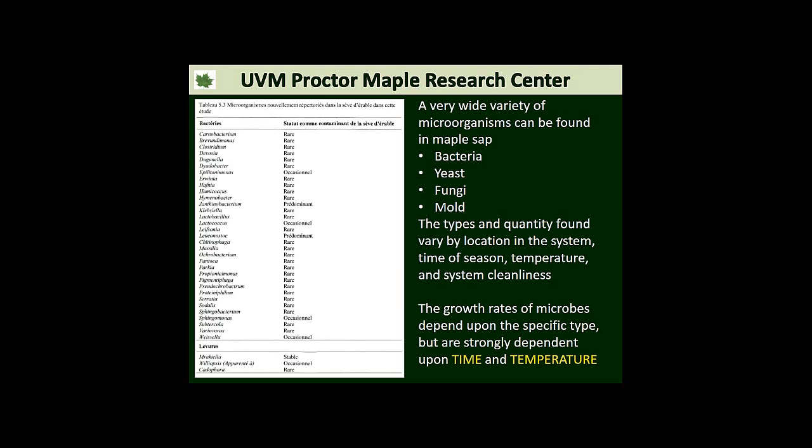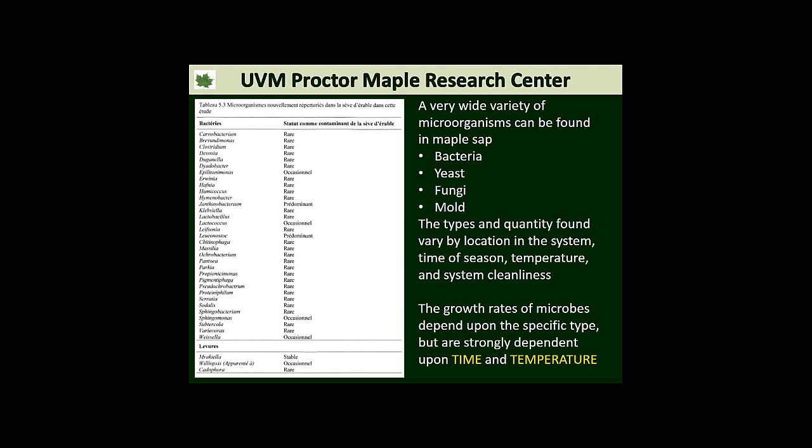But what is actually there is going to vary a lot based upon where you are, what time of the season it is, how warm it is, how clean your system was when you started, and how clean it is when we're actually testing it. The growth and reproduction rates of these things really depend upon two major factors. We know we have sugar water there, so we can discount that.